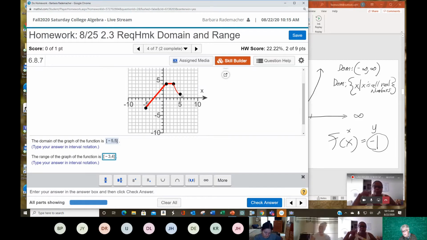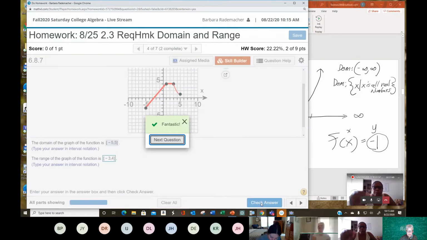Now notice this only goes down to +1 on the y-axis. It doesn't matter because there are other values of x that match up with this and other values of y that match up with this going all the way down to -3. And then there's nothing. So let me check my answer.